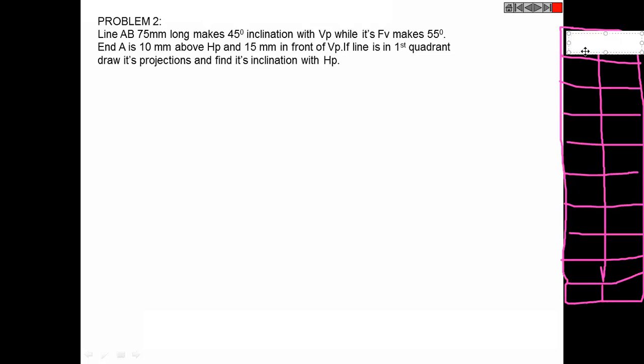First we are having true length. Second we are having front view. Then we are having theta, alpha, top view, phi, beta, A, B, ends.